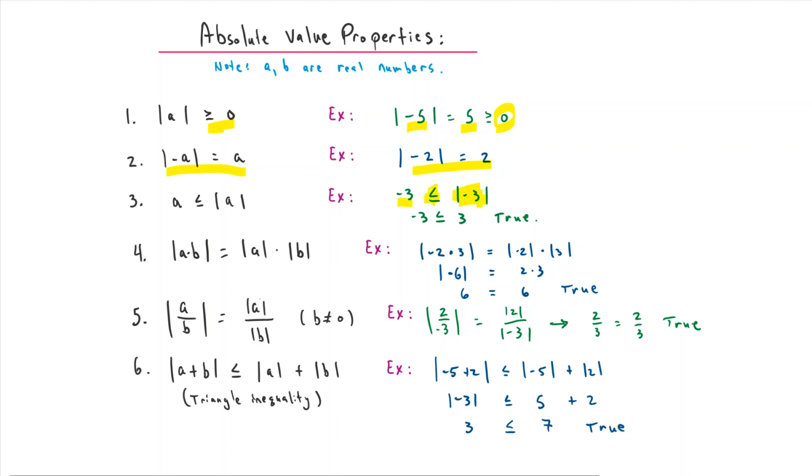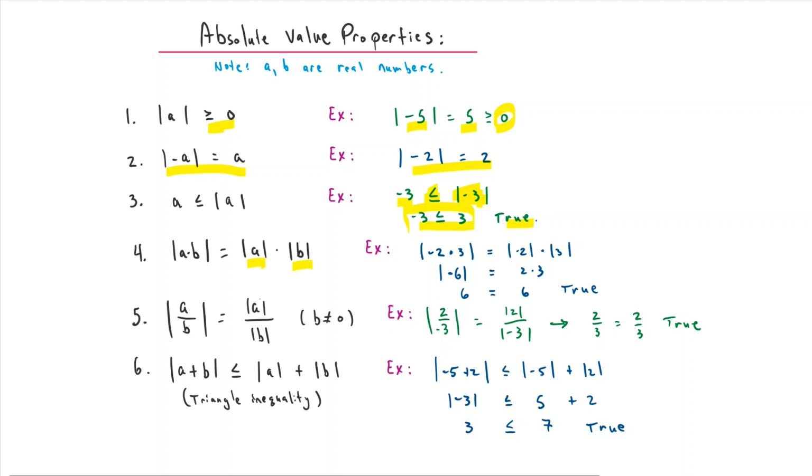Because remember, the absolute value is always positive or 0. So if we take the absolute value of -3, we get 3. And does it hold? It does, because -3 is less than or equal to +3. So that's true.